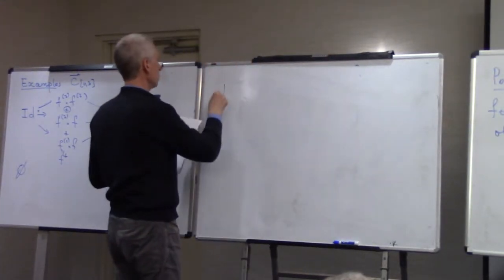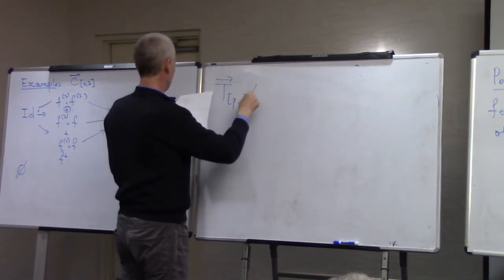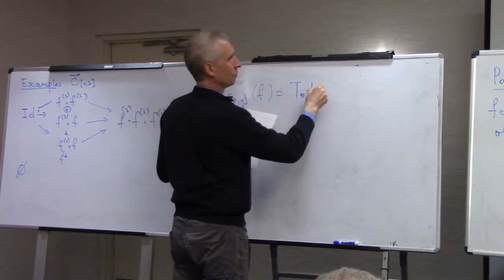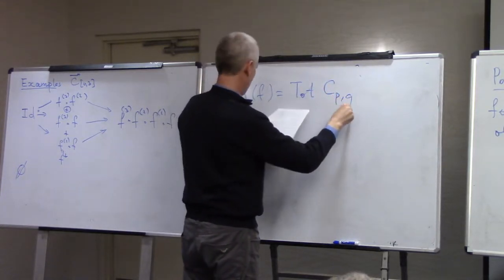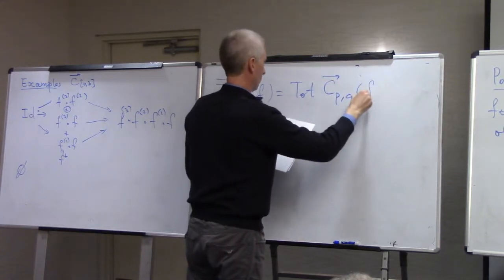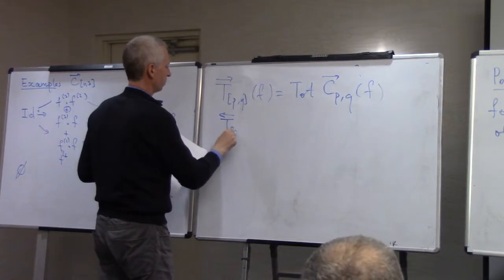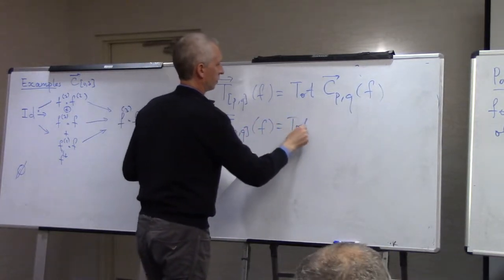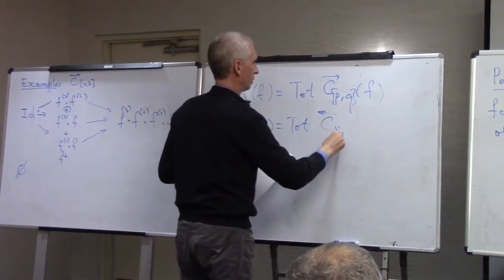Let's call it CPQ, and TPQ with this direction. It's the total functor of this one.